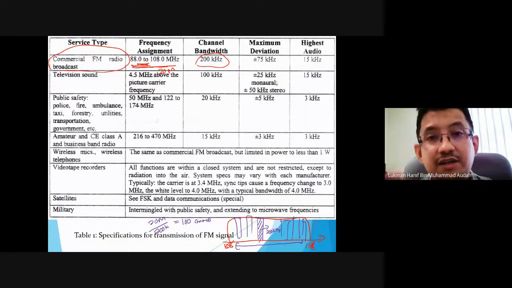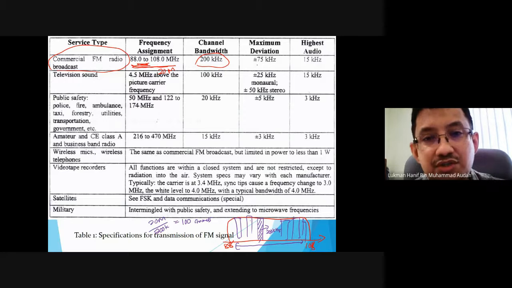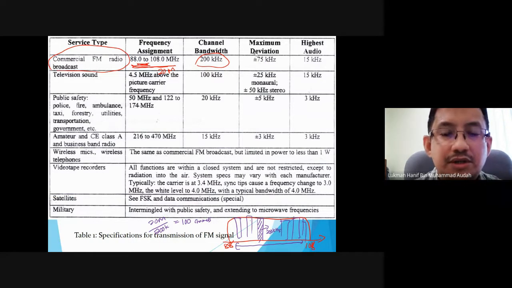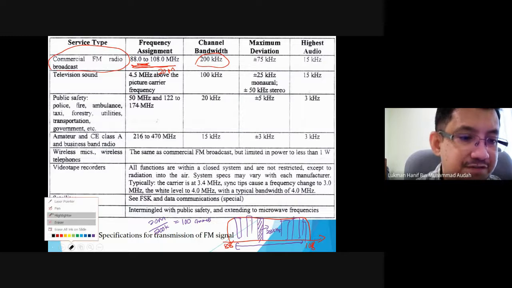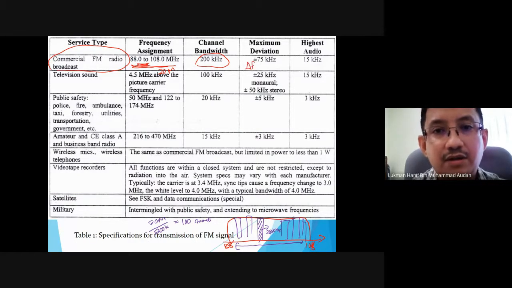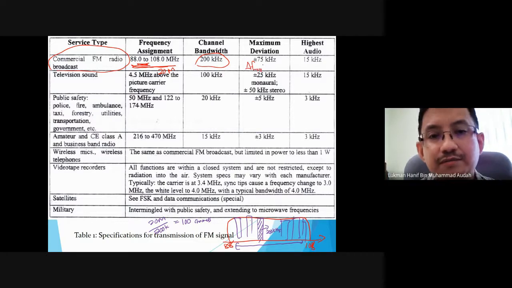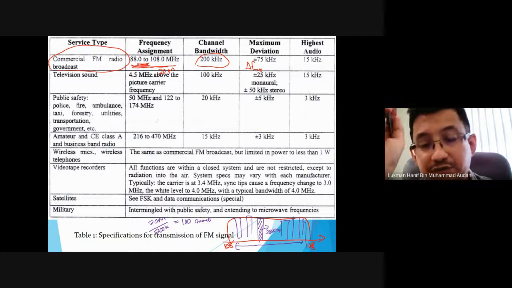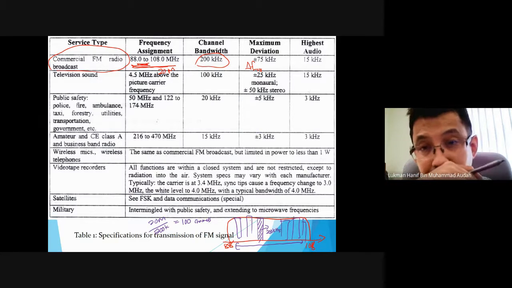And here is the maximum deviation, so this is maximum delta F. Saya buat color lain. So delta F maximum is 75 kilohertz. Okay, delta F max. That means we cannot use more than 75 kilohertz by standard.